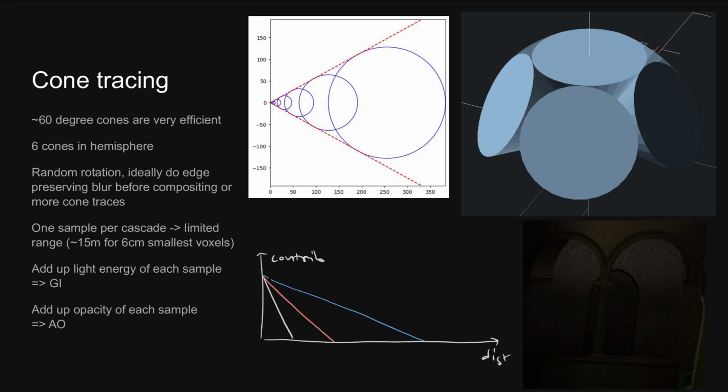You could fix that by having more cones, but I think randomizing them and doing an edge preserving blur on the ambient occlusion and GI before you composite it is a more straightforward approach and more efficient.